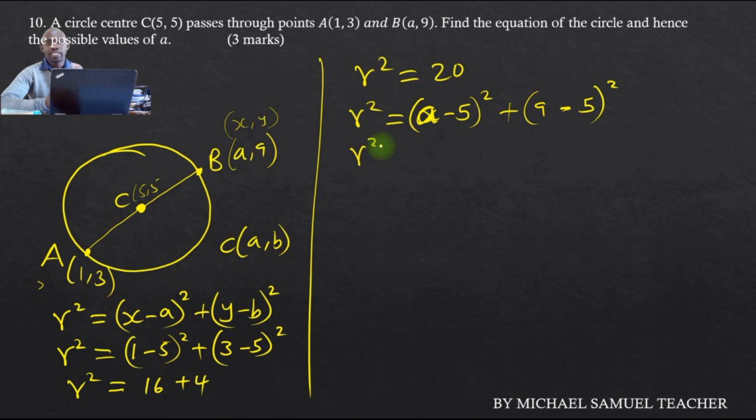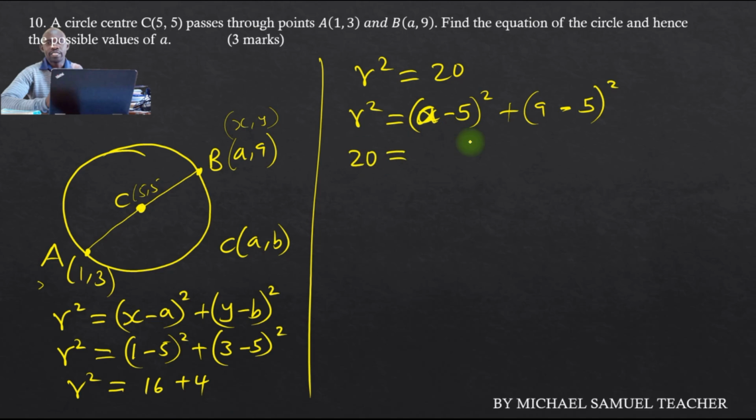So r squared is equal to 20, we can substitute it here.